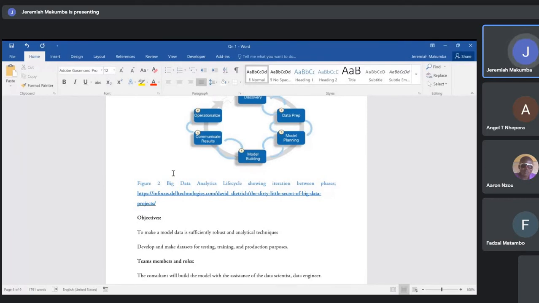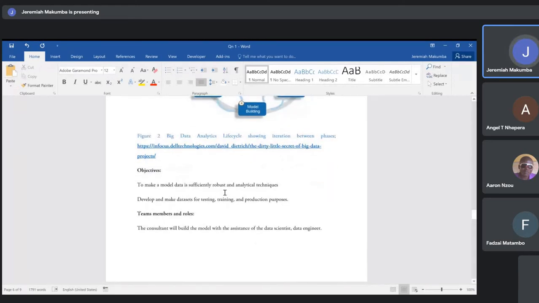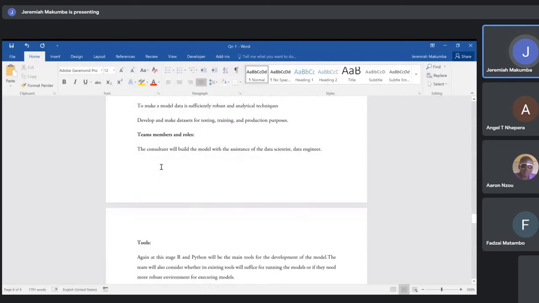Then to develop data sets for testing, training, and production processes, which is the objective of this stage. Then the team members to be involved include the data scientists and the data engineers, right? If you are following closely, you discover that from our first phase, we were having the stakeholders.